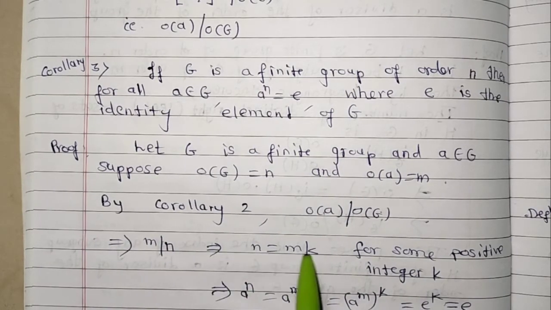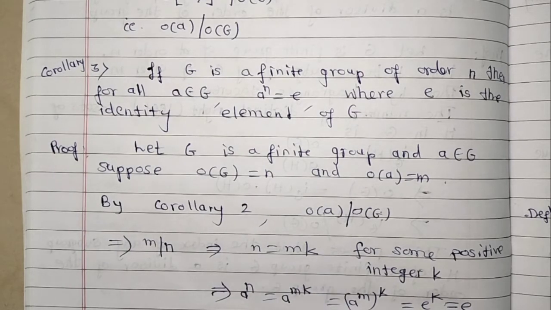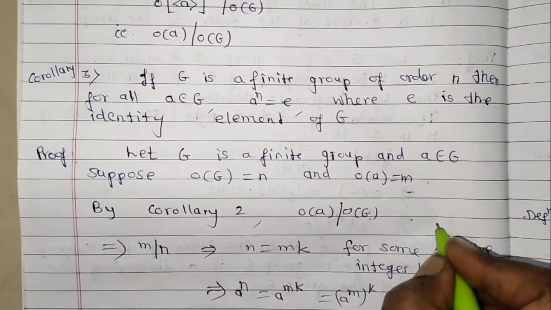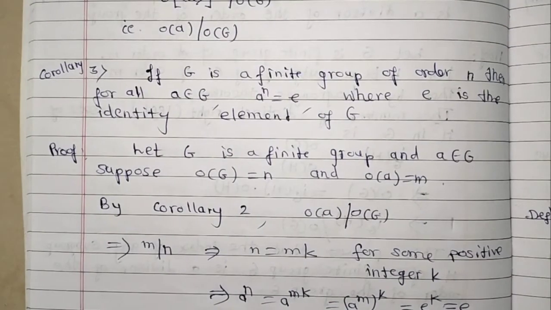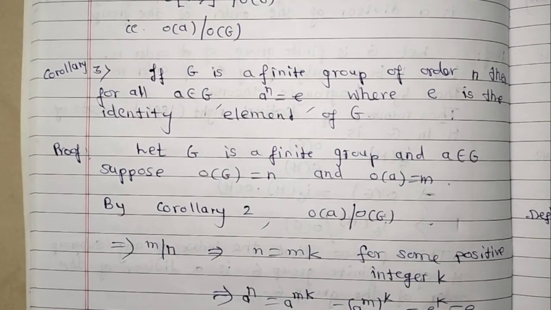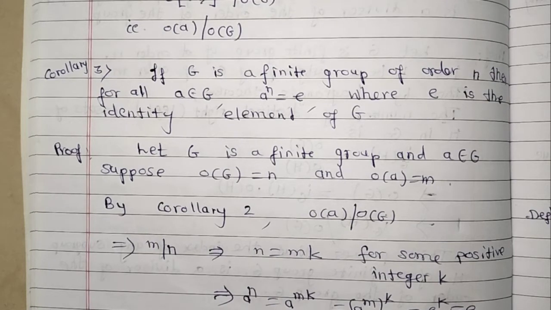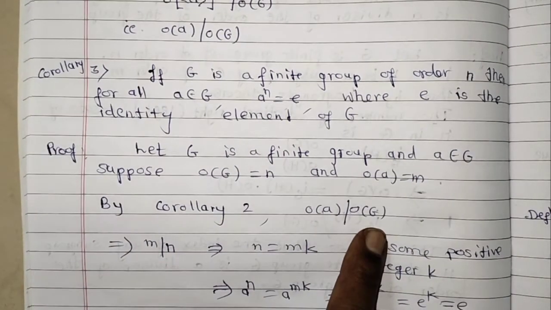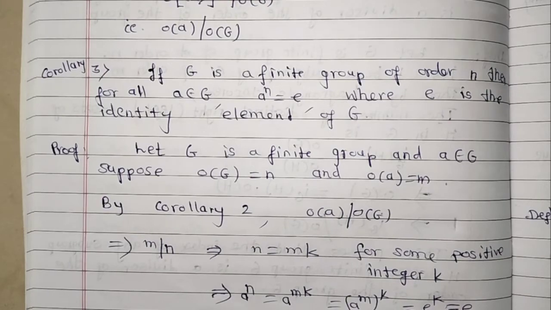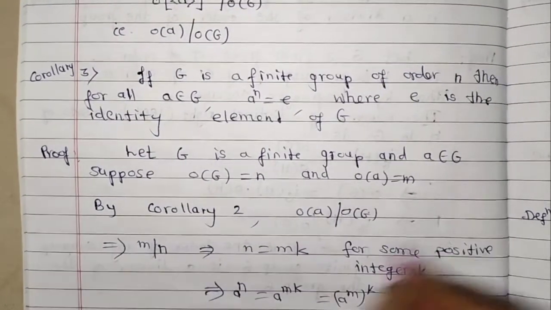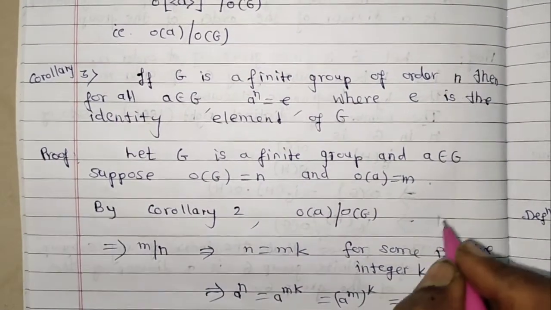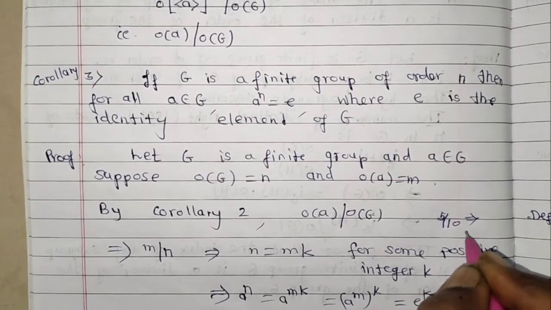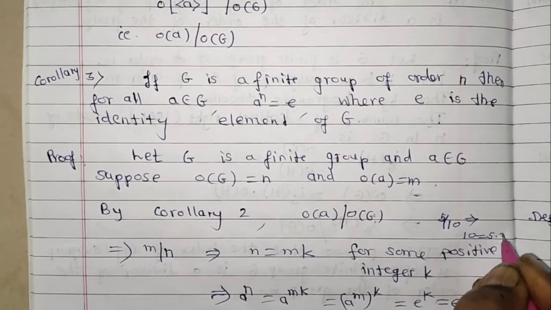Hence n equals mk. For example, if 5 divides 10, then 10 equals 5 into 2.